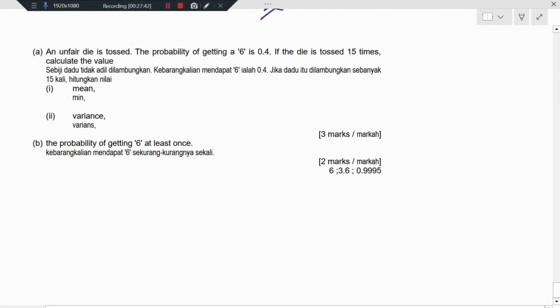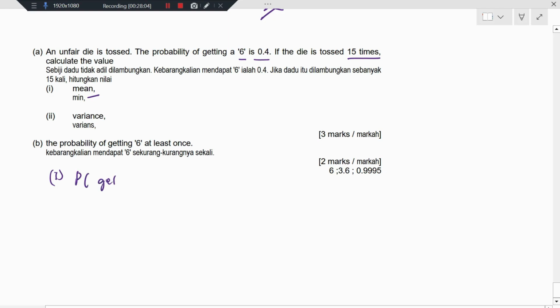An unfair die is tossed, the probability of getting 6 is 0.4. The die is tossed 15 times, calculate the value of mean. So the unfair die is tossed, and they tell the probability of getting 6.